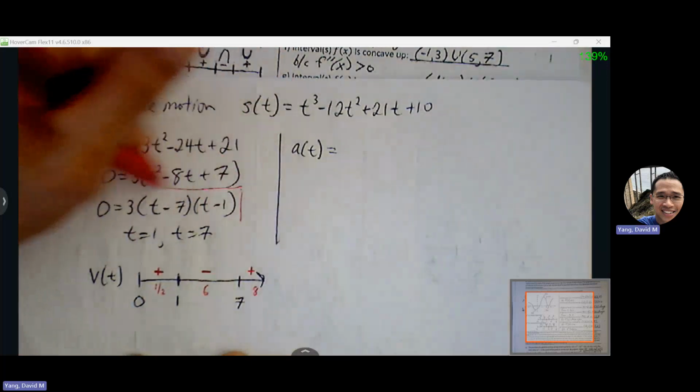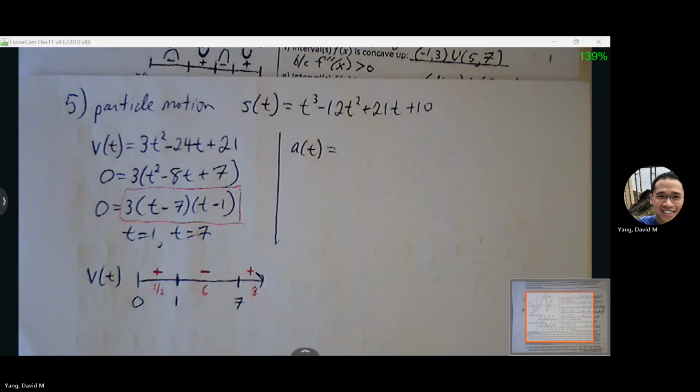I'm testing my signs with my velocity function, factor form.